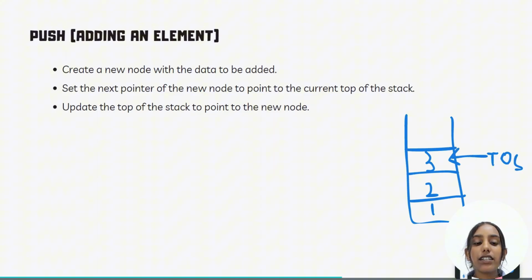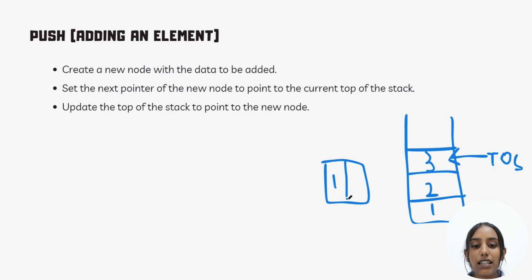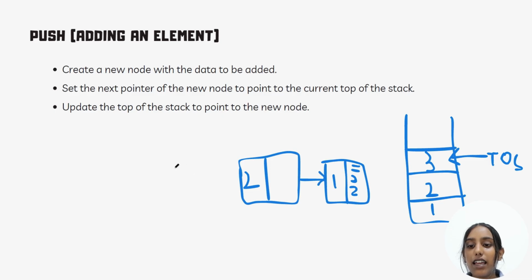So if you take a linked list, we have 1, and this would have null, and then we have 2 and this would point to 1, and then we have 3 and this would point to 2.